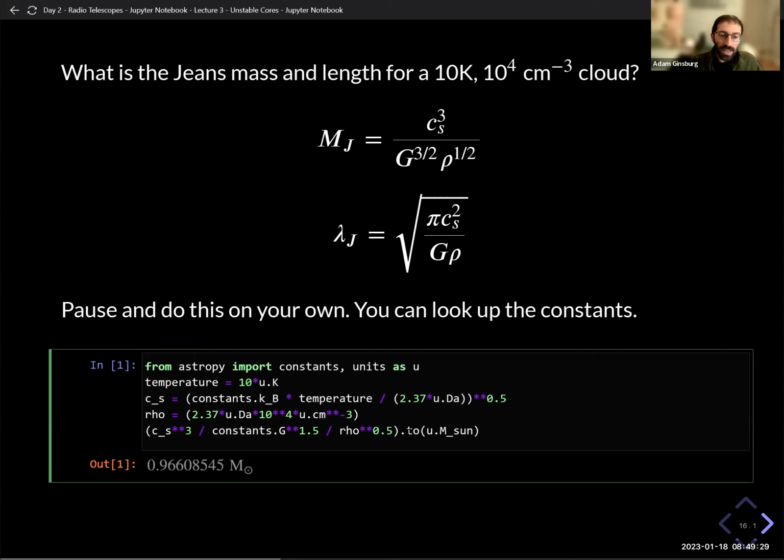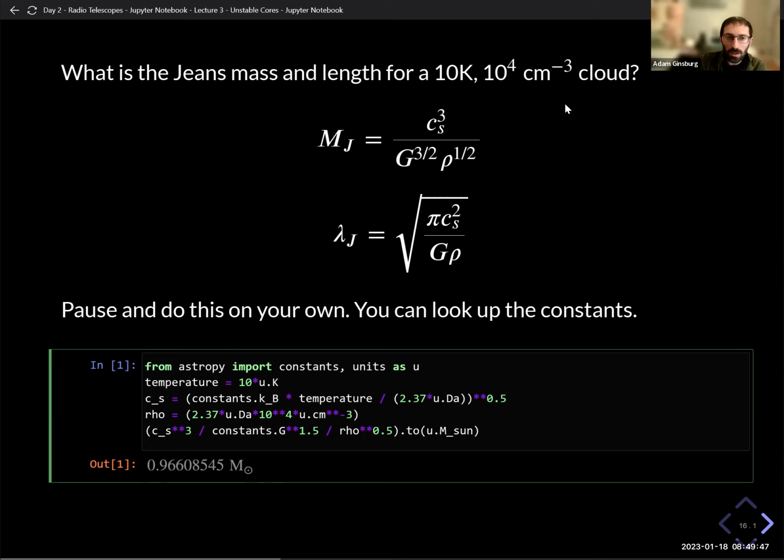And then I want to give that in solar masses. So I run this calculation and do this conversion, and I get that it's about 1 solar mass. So the Jeans mass is about a solar mass in a 10 Kelvin, 10 to the 4 particle per cubic centimeter cloud.